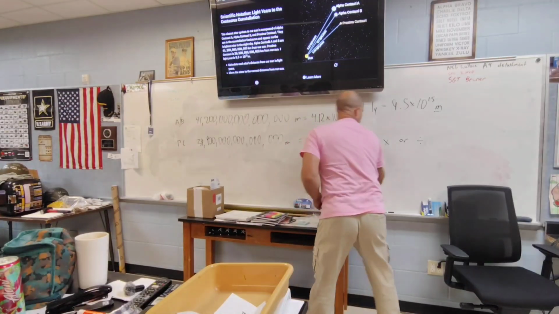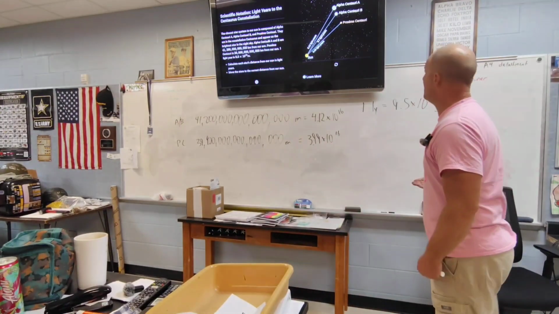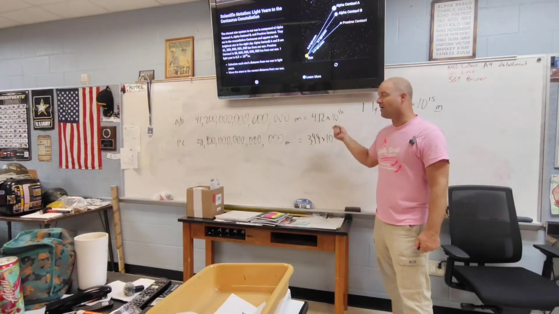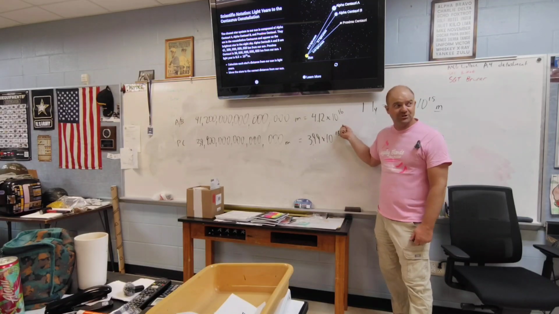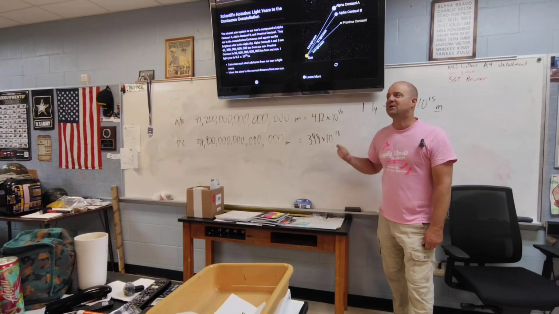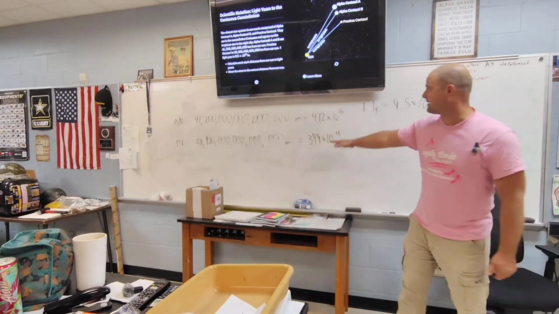Okay, cool. How do we figure out what we're doing here? We're trying to go from what to what? We have meters, and we're trying to go to light years. Which is bigger, a meter or a light year? By a lot.